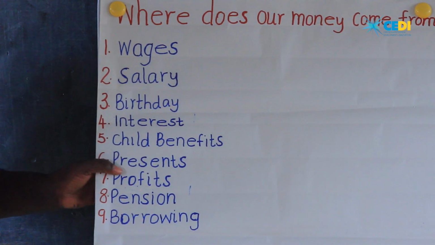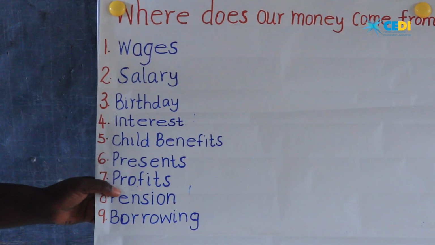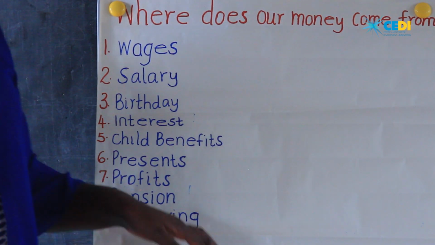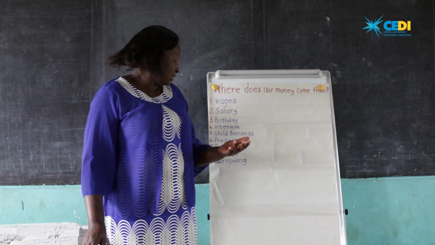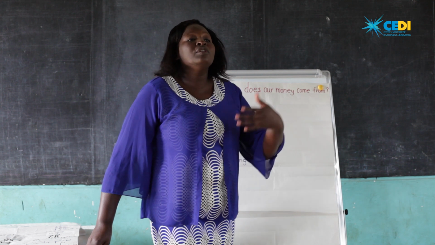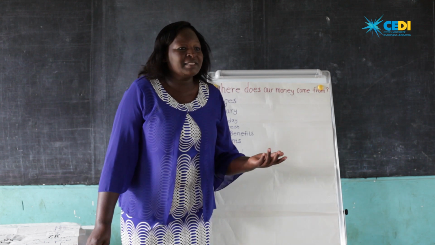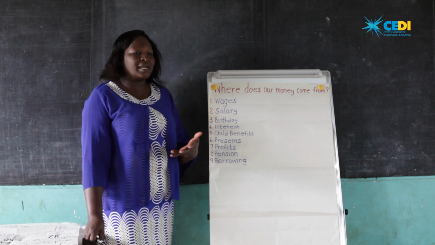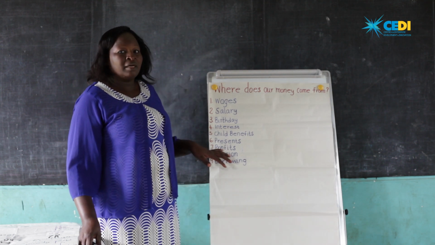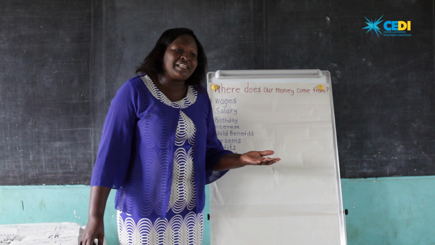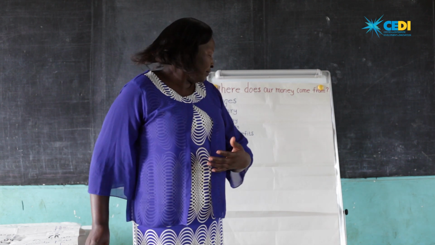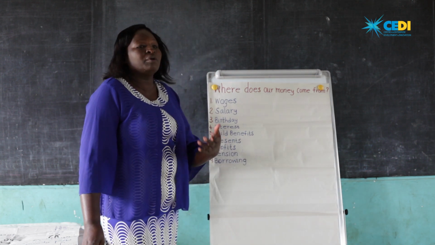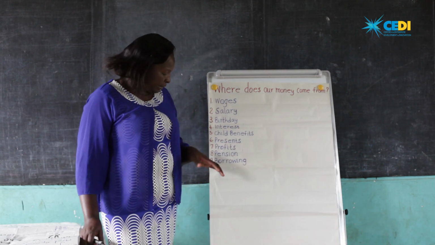That is money earned as a result of presents at the end of the year. Profits. Profits is money that we earn when we do sales. After selling something, when you get extra money on top, we call it profits. Profits you can get daily, or you can work it out weekly, or if possible, you can work it monthly.